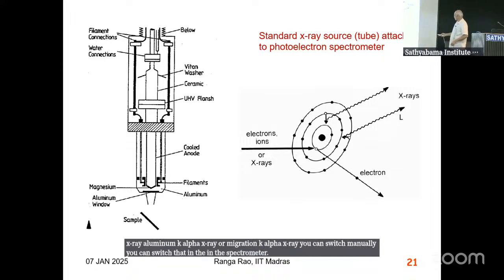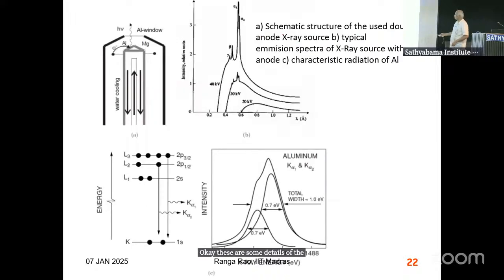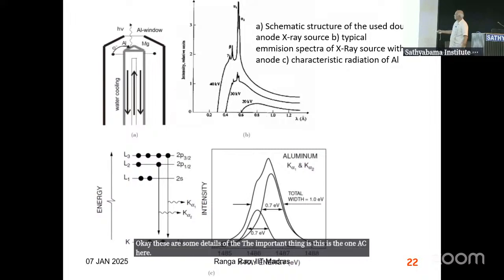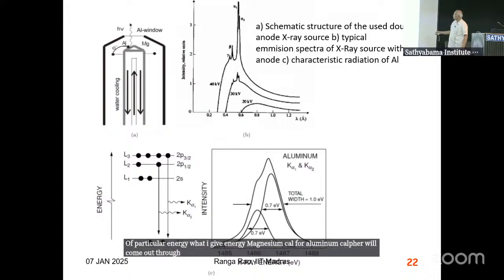These are some details. The important thing is the tip, aluminum and magnesium. The filament gives electrons, and these electrons bombard aluminum to get X-rays of a particular energy. Magnesium K alpha or aluminum K alpha will come out through this window.